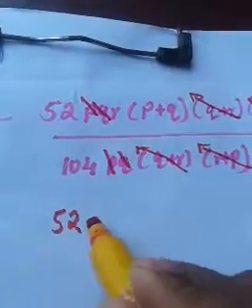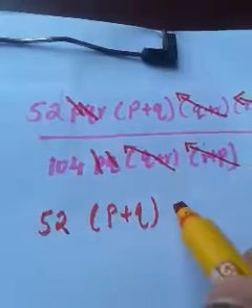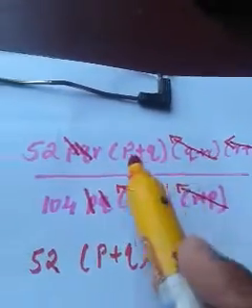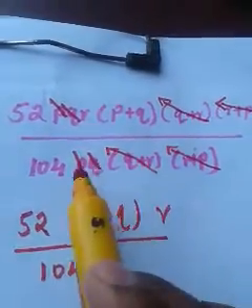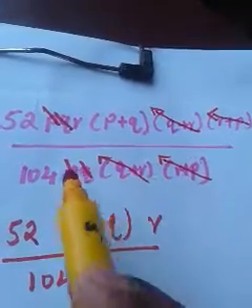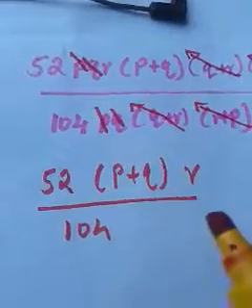So what is remaining now? 52 into P plus Q remains, and R also remains in the numerator, and there are no other terms. So 52 R into P plus Q will remain in the numerator, and in the denominator, all the remaining terms get cancelled, so only 104 will remain.